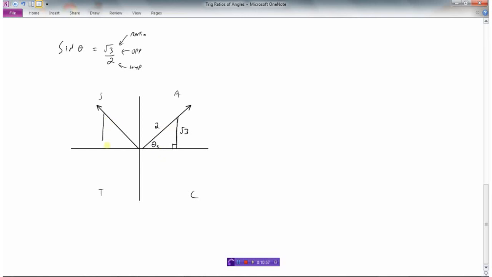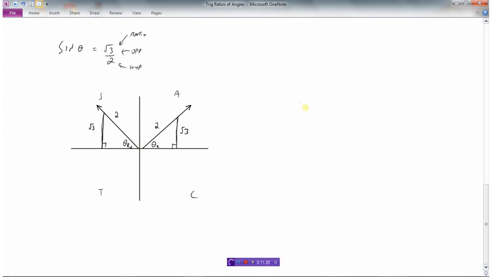I could also have another angle I'll call this R2, reference 2, in this quadrant. Because over here, this side could be root 3, and this side could be 2. And this would satisfy that ratio. Opposite is positive root 3, and hypotenuse is 2. So the question is, what would that angle be?